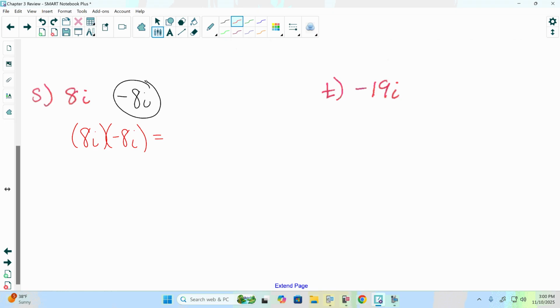The other part would be multiplying the two together. And it would actually give us positive 64. Because our 8 times 8 would be 64, negative 64. 8 times negative 8 would be negative 64. Our i times i is i squared. Well, i squared is negative 1, so negative 1 times negative 64 would indeed make it positive. Questions on this here?